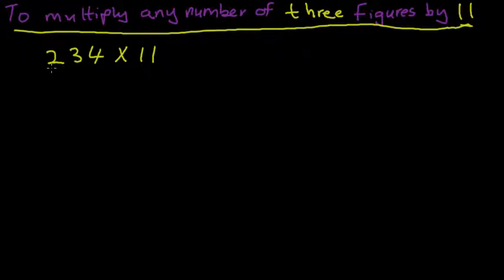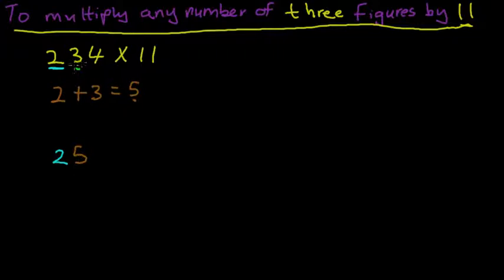You write down the first digit, 2. Then you add up the first and the second digit, 2 plus 3, which gives you 5. You bring down the 5 and write it by the side.